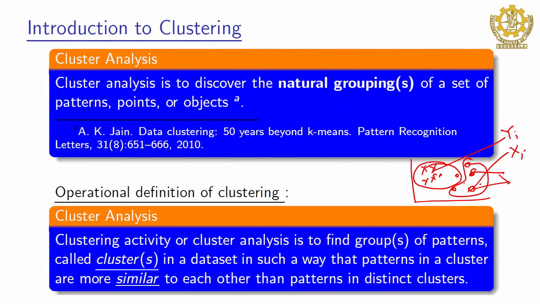So, a group of patterns is called a cluster, and for patterns you can replace the word objects. Objects in a cluster are more similar to each other than patterns in a distinct cluster.